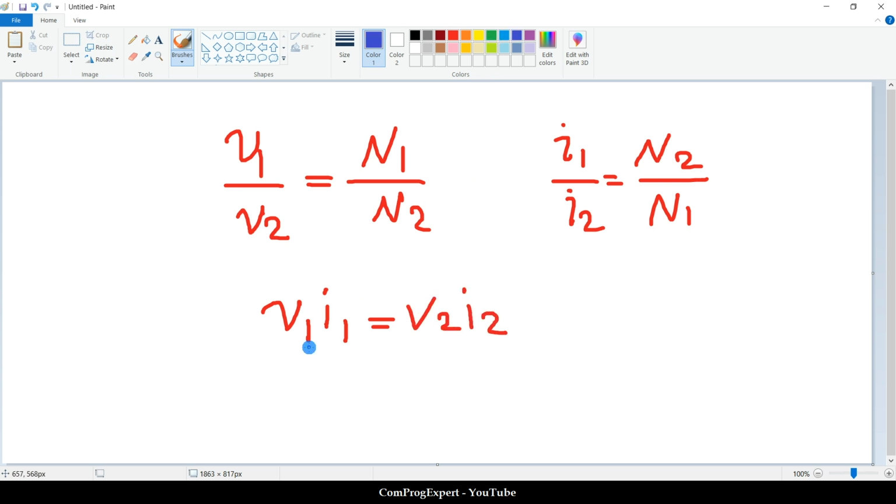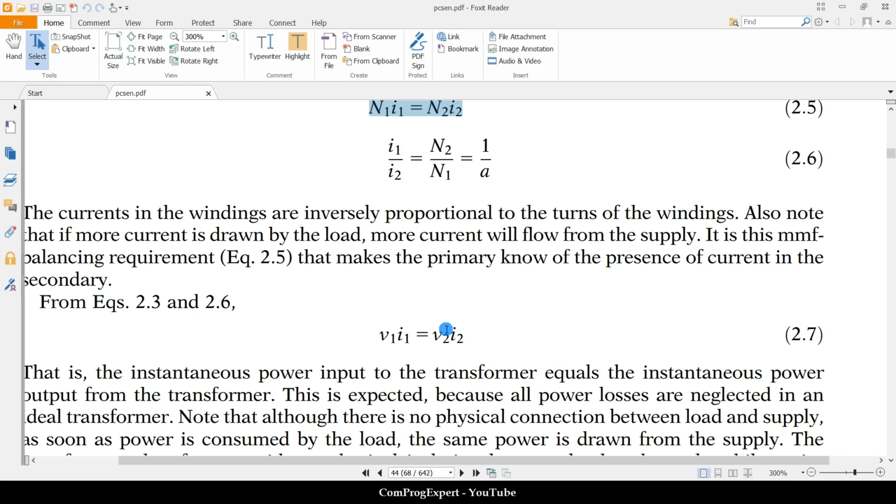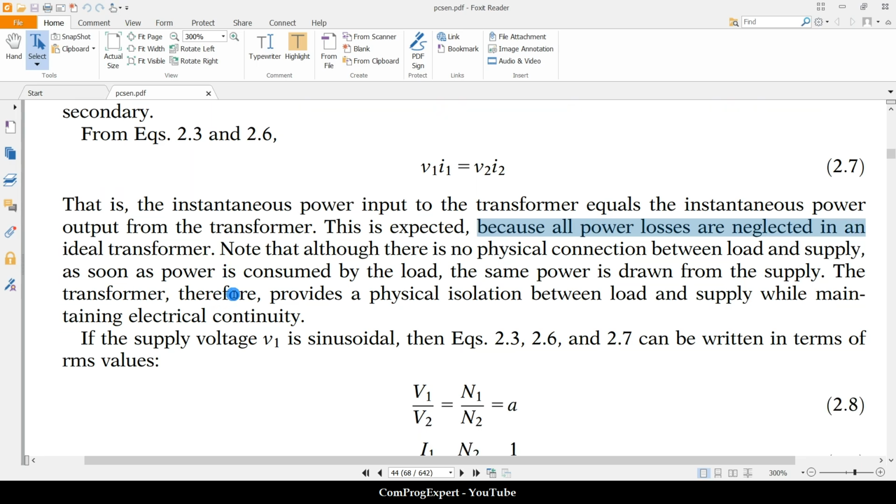And you know that this multiplication is the volt ampere of the primary winding, and this is the volt ampere of the secondary winding. So here you can see the expression: the instantaneous power input to the transformer equals the instantaneous power output from the transformer. This is expected, because all power losses are neglected in an ideal transformer.